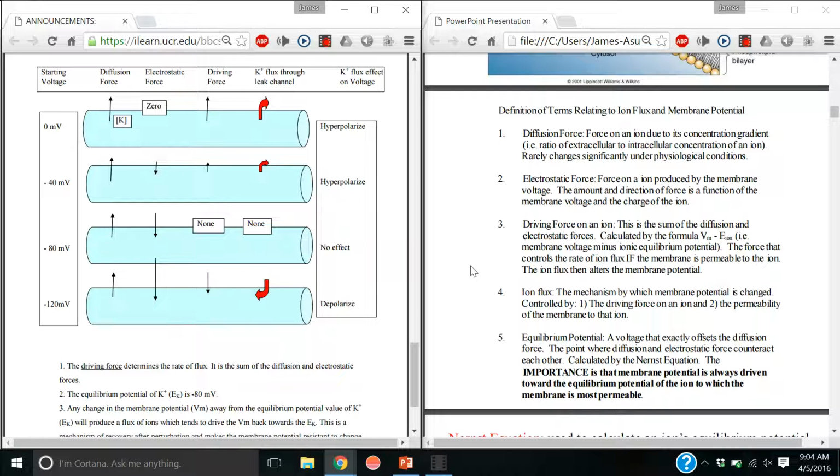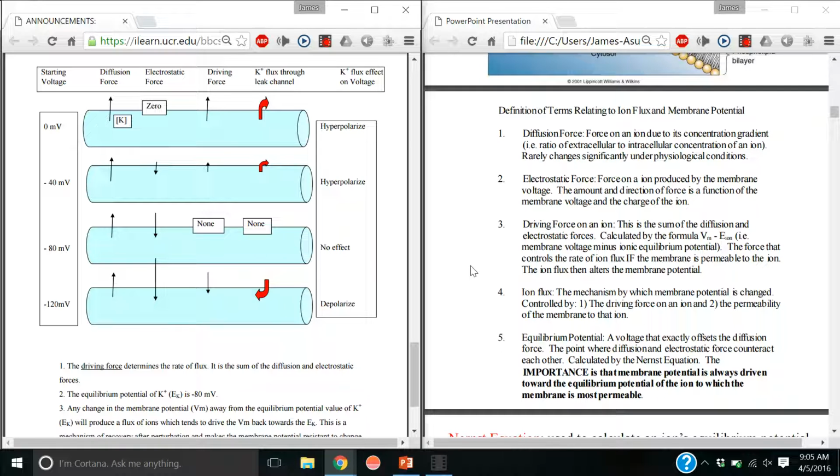So the electrostatic force here is a direct function of two things: the membrane potential, so minus 40, minus 80, minus 120, and the charge on the ion.